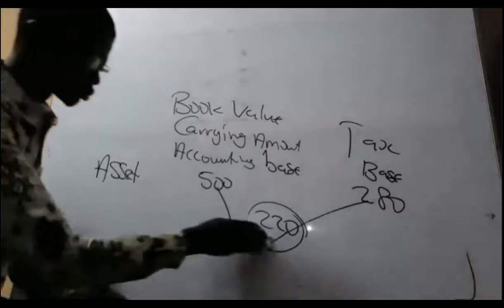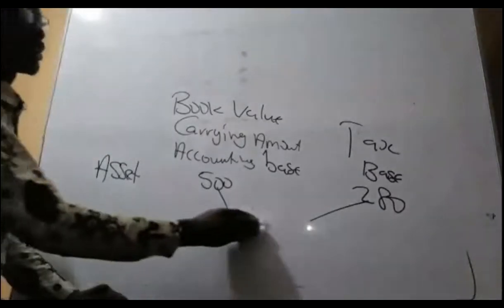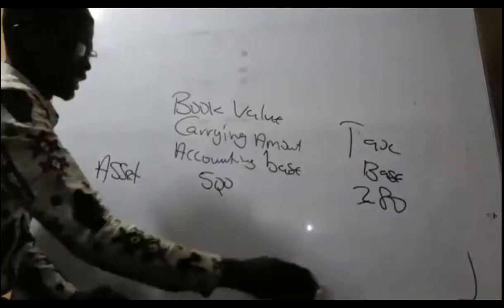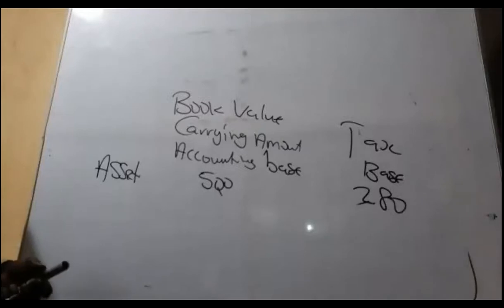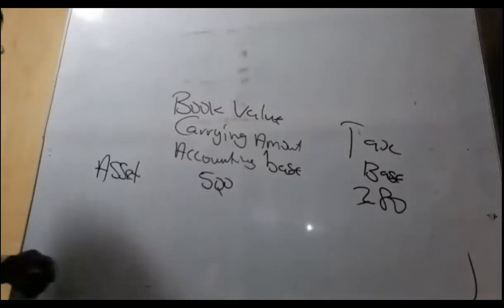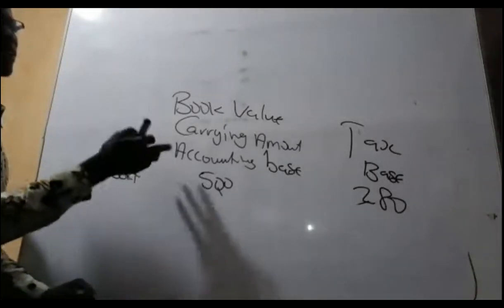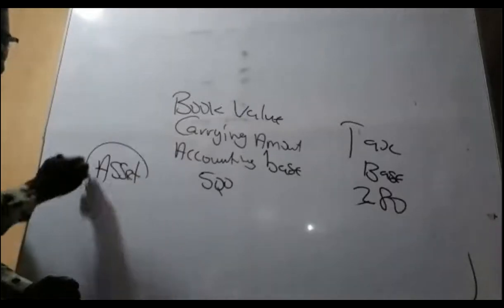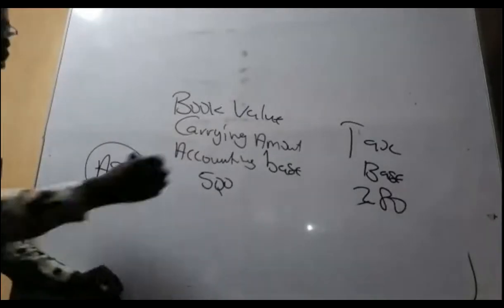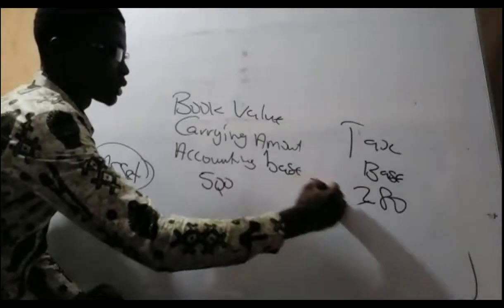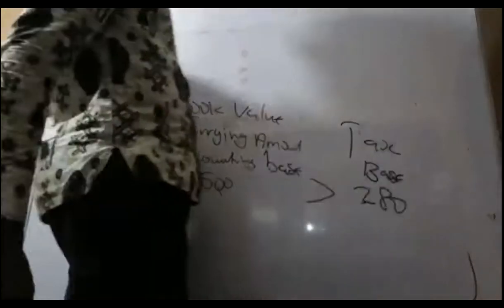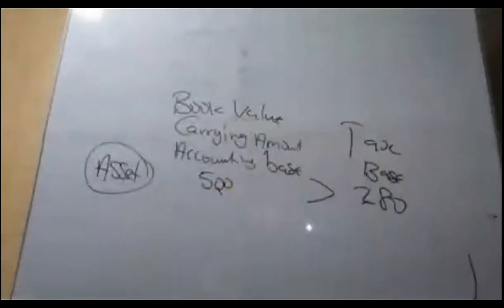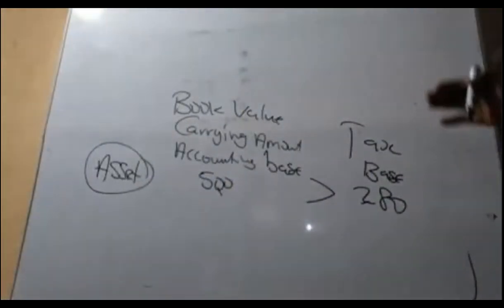Now, this temporal difference, there are two types. It can be taxable or deductible. The rule says that if the item in question is an asset, and the accounting base is greater than the tax base, then it will create what we call a taxable temporal difference.